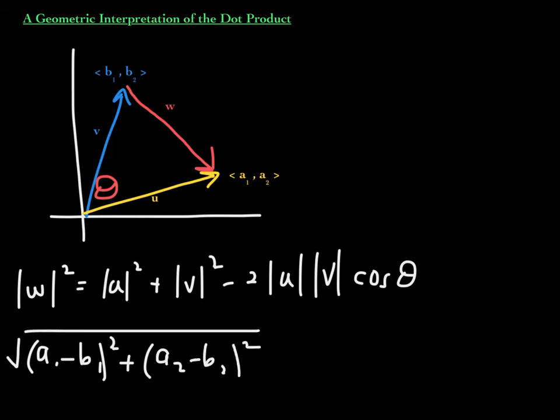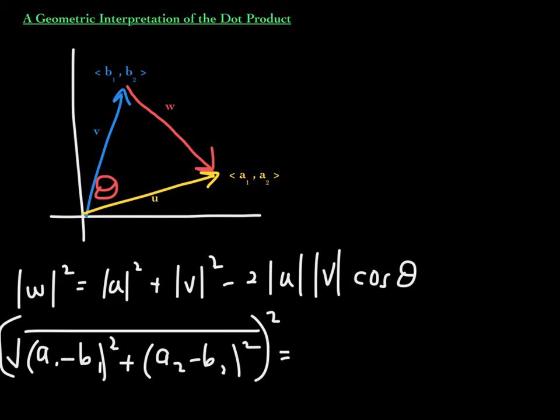This here is the length of vector w, its magnitude, that is to say. But don't forget that this is being squared now, all right? That's being squared.